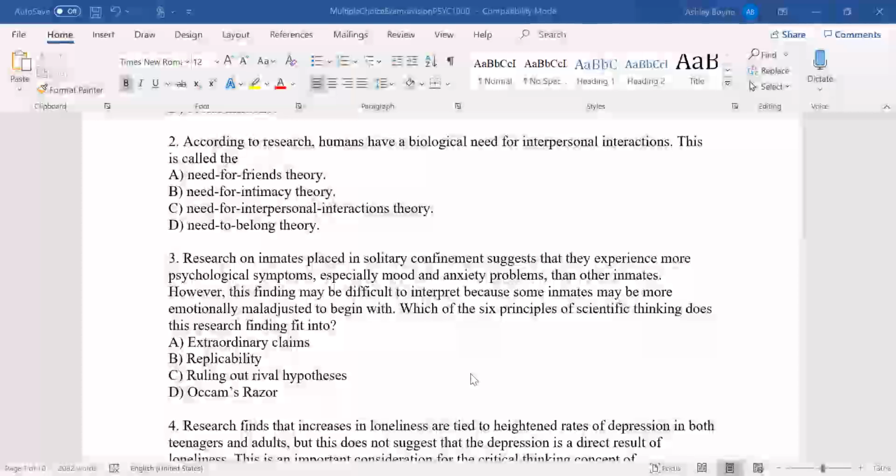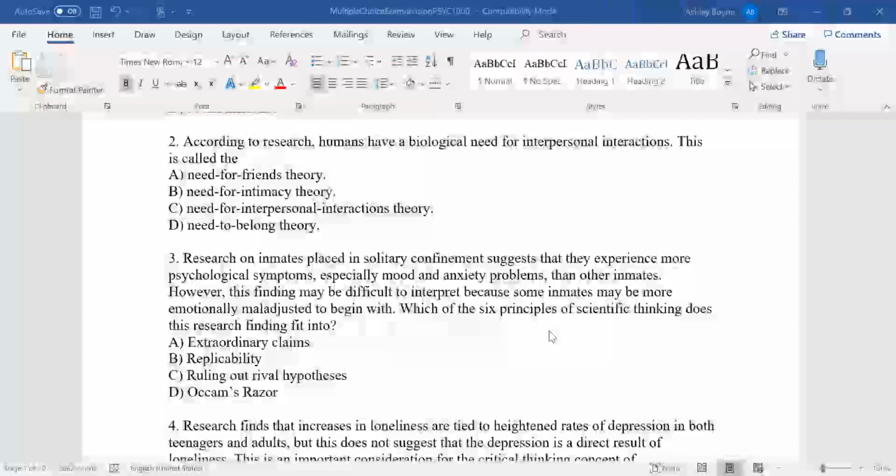Okay, so moving on to question 3. Research on inmates placed in solitary confinement suggests that they experience more psychological symptoms, especially mood and anxiety problems, than other inmates. However, this finding may be difficult to interpret because some inmates may be more emotionally maladjusted to begin with. So which of the 6 principles of scientific thinking does this research finding fit into?